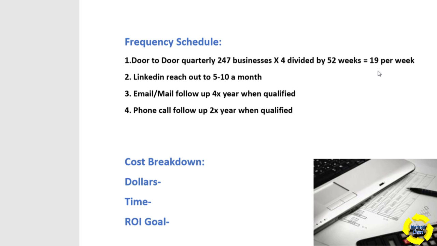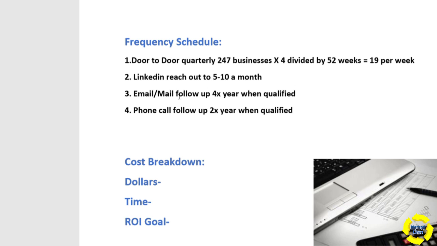Now obviously, this is just a sample. Maybe you only want to do 10 a week or 5 a week, as long as you're doing something and setting up the rotation to where you're going to visit them 3 or 4 times, at least until you get an answer. LinkedIn could be another frequency you set up, reaching out to 5 to 10 project managers a week, a month, a quarter, on some kind of rotation.